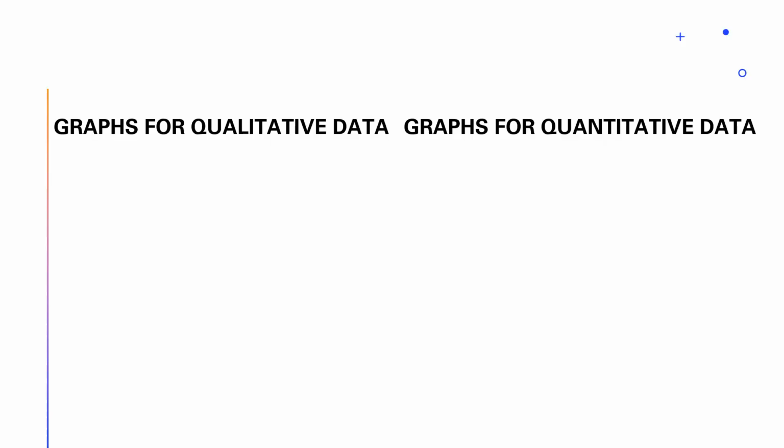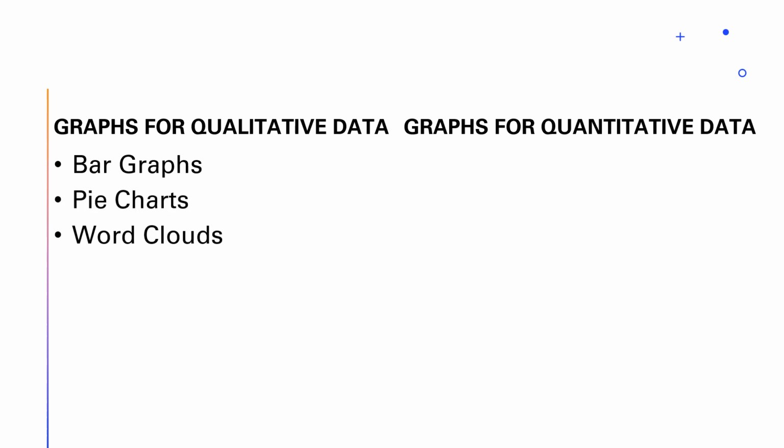Based on whether you're looking at qualitative data or quantitative data, that's going to determine what type of graph you want to use to display your data. For qualitative data, we're going to be using things like bar graphs, pie charts, and word clouds.